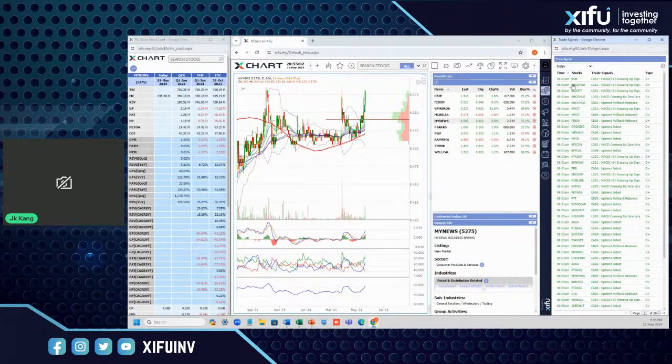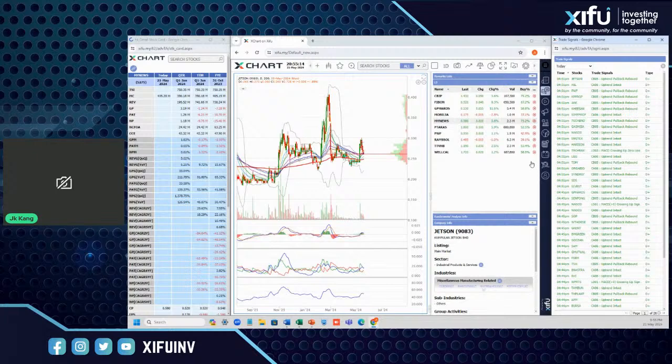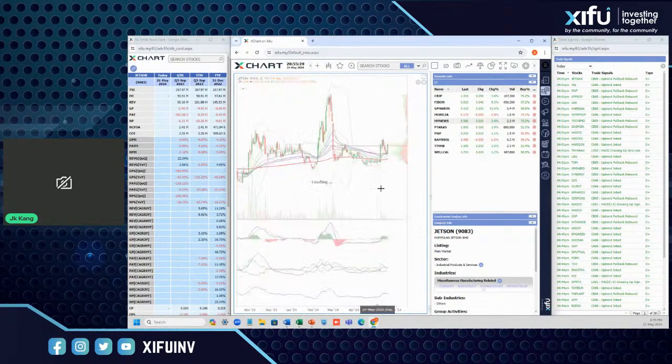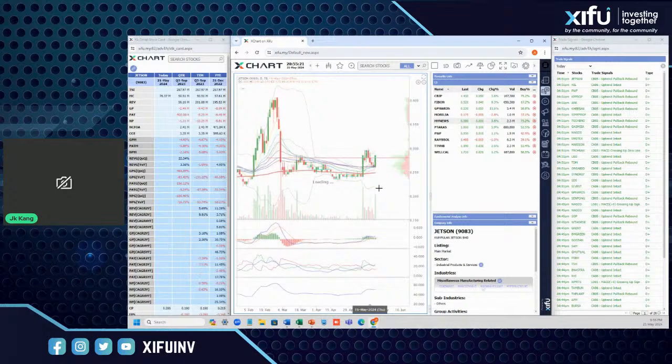As of 4:51, Jetson. Is it tradable at this moment? Why not?